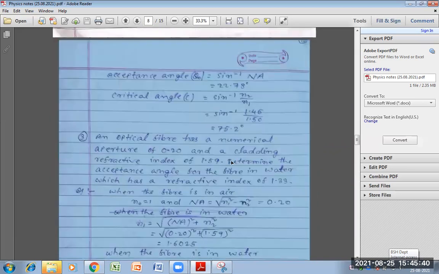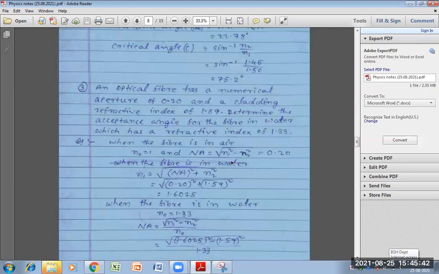Now third question is, an optical fiber has a numerical aperture of 0.20 and a cladding refractive index of 1.59. Determine the acceptance angle for the fiber in water which has a refractive index of 1.33. क्वेश्चन को ध्यान से समझना, क्या दिया हुआ है?